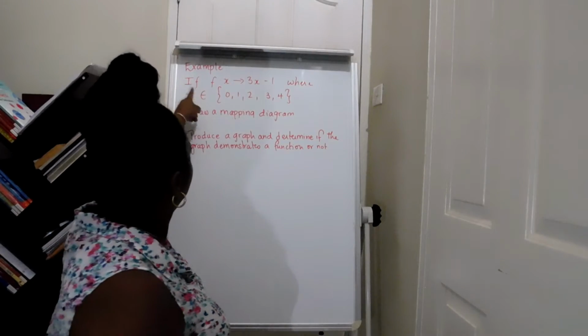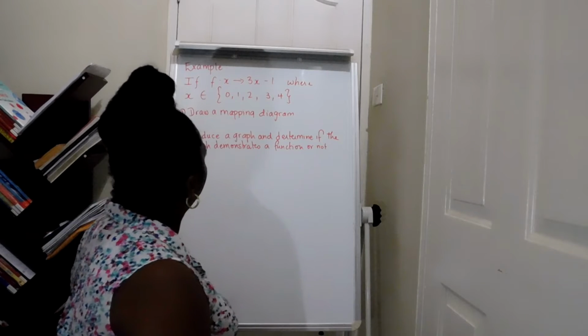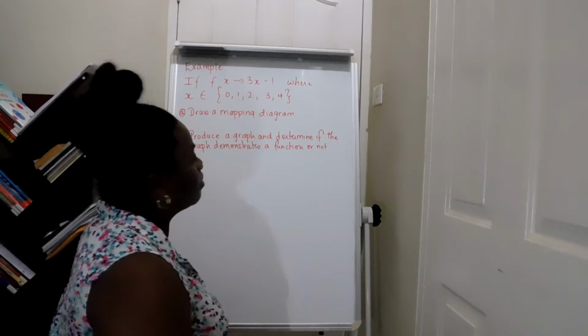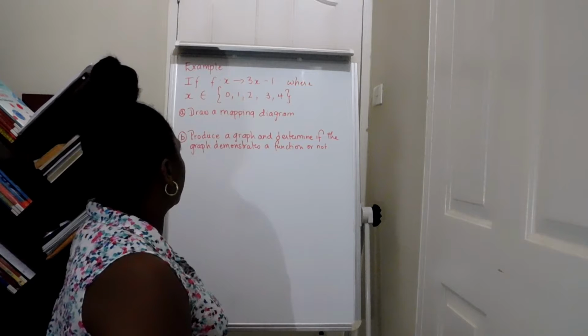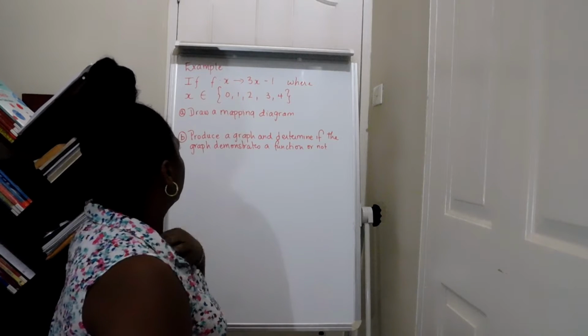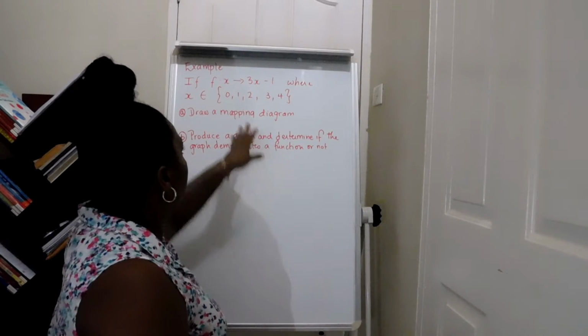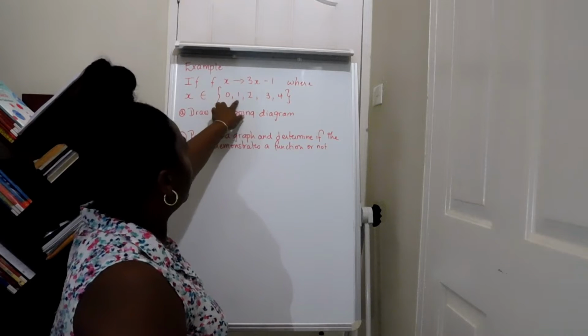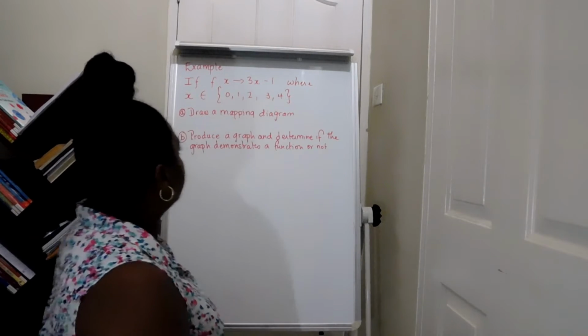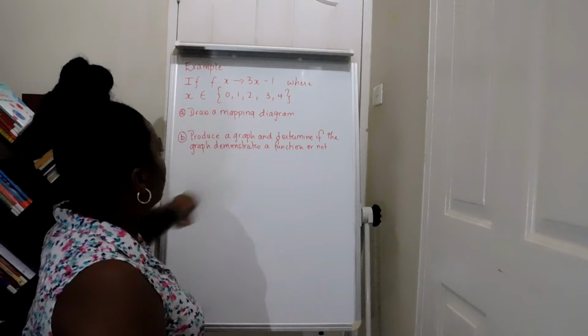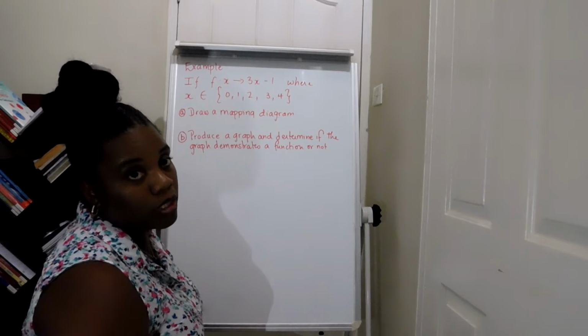Here's an example. If f of x is equal to 3x minus 1, where x is an element of these numbers 0, 1, 2, 3, 4, A, draw a mapping diagram to represent this.